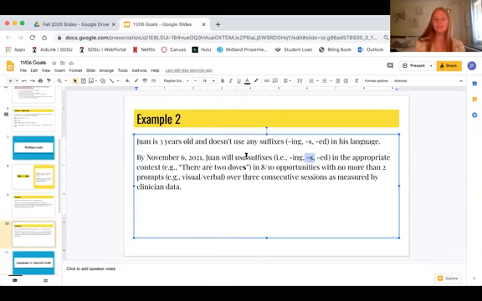You'll also see this with like WH questions. You'll see it written like, so-and-so will answer WH questions correctly. And that is kind of the same feel as this goal because there's multiple types of WH questions. So maybe they're answering who questions 100% of the time and what questions like 0% of the time. So then it just gets kind of fuzzy with the data.